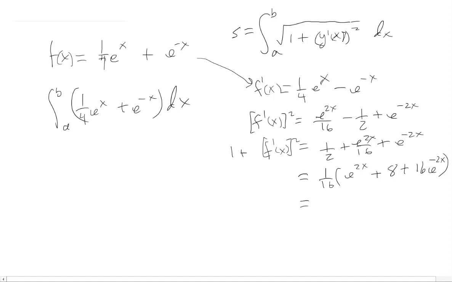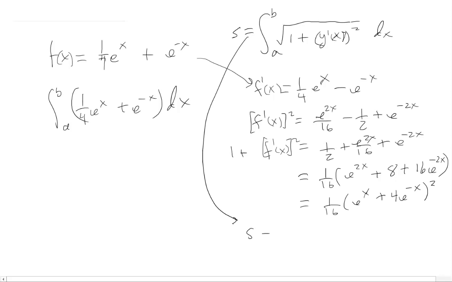You might not recognize it from here, but this can be factored. It's actually a perfect square: e to the x plus 4 e to the negative x, quantity squared.